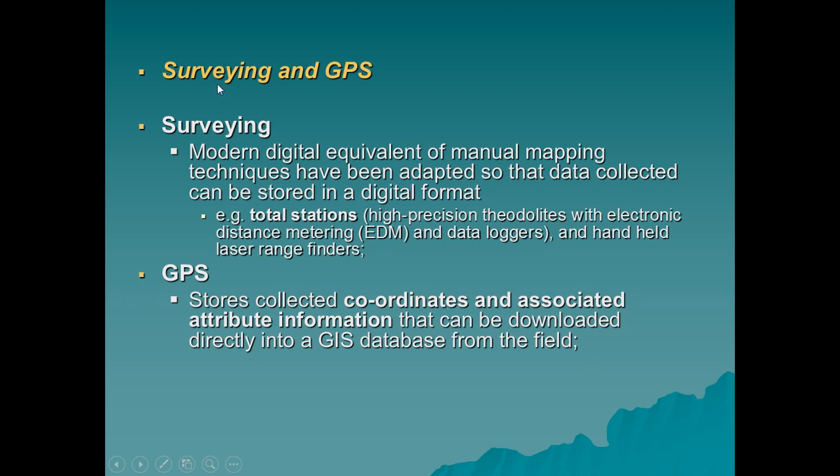Information can also be collected from surveying. This is a different type of surveying than we talked about a few slides back. This is engineering surveying, where you have to go out into the field.